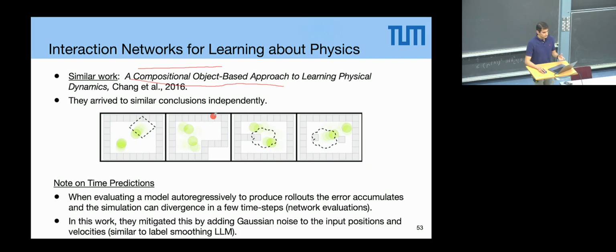It's quite interesting that they applied it even to the same kind of problem, like these balls bouncing in a box, and was pointing out that GNNs and message passing were going to be quite important for physics-based simulations using deep learning. I already went through this note. It's about improving the stability by adding noise to the inputs. Any question before I continue?